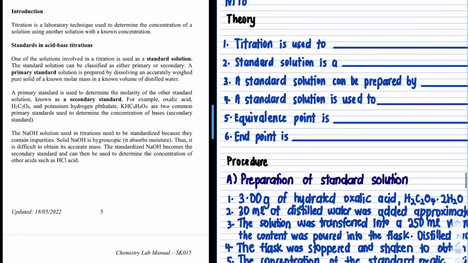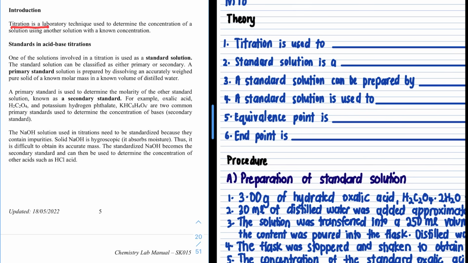For example, let's look at theory number 1. Number 1, titration is used to. So you have to find out in the introduction where titration is used to. Here it mentioned that titration is a laboratory technique used to determine the concentration of a solution using another solution with a known concentration. So the answer is from here until here.